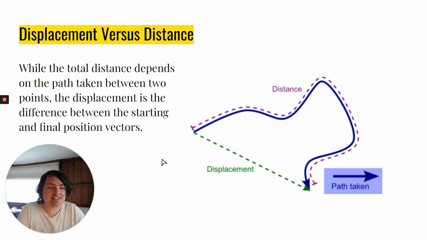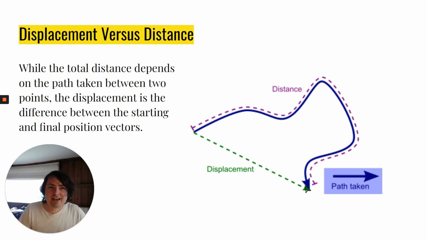So the total distance between two points, say this is P1 and this is P2, depends upon the elaborate path that you take, while the displacement between P1 and P2 is just the difference between the initial and the final vector. So a lot of problems that you'll see will be things like, I start walking 50 miles north and 30 miles east. What's my total distance and what's my total displacement? And those are two different things.